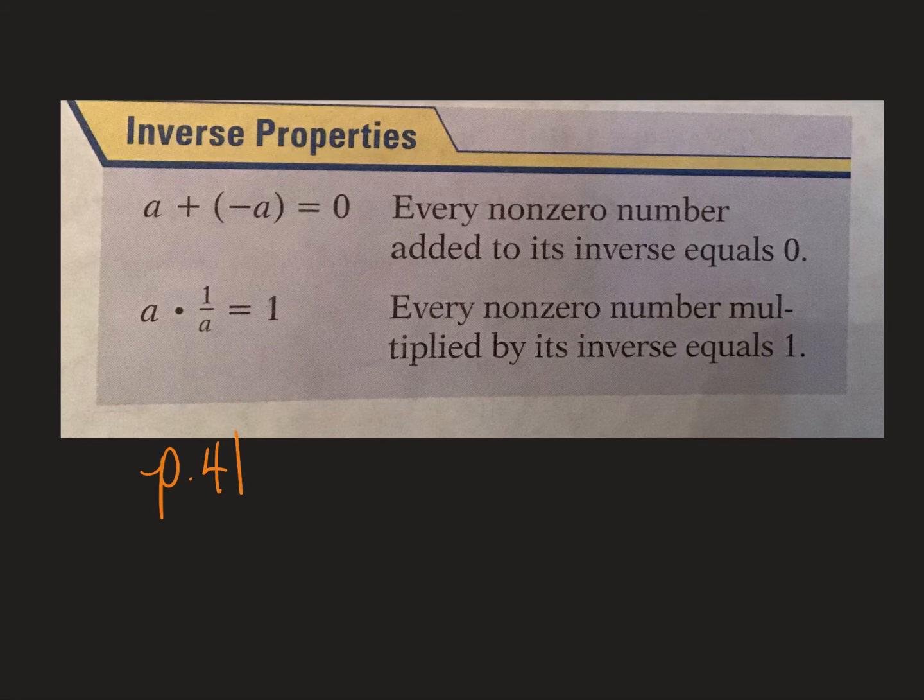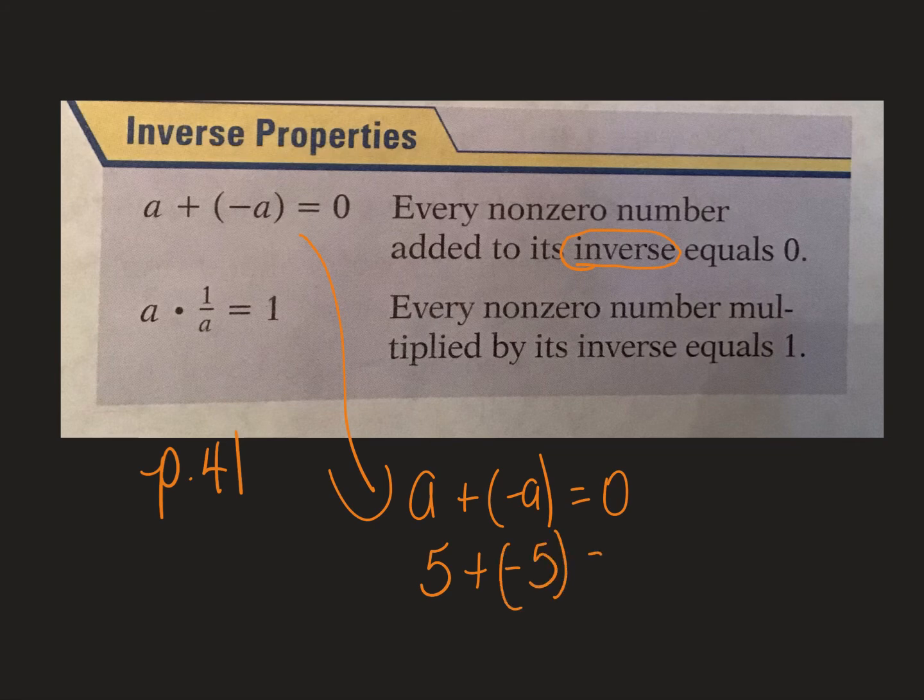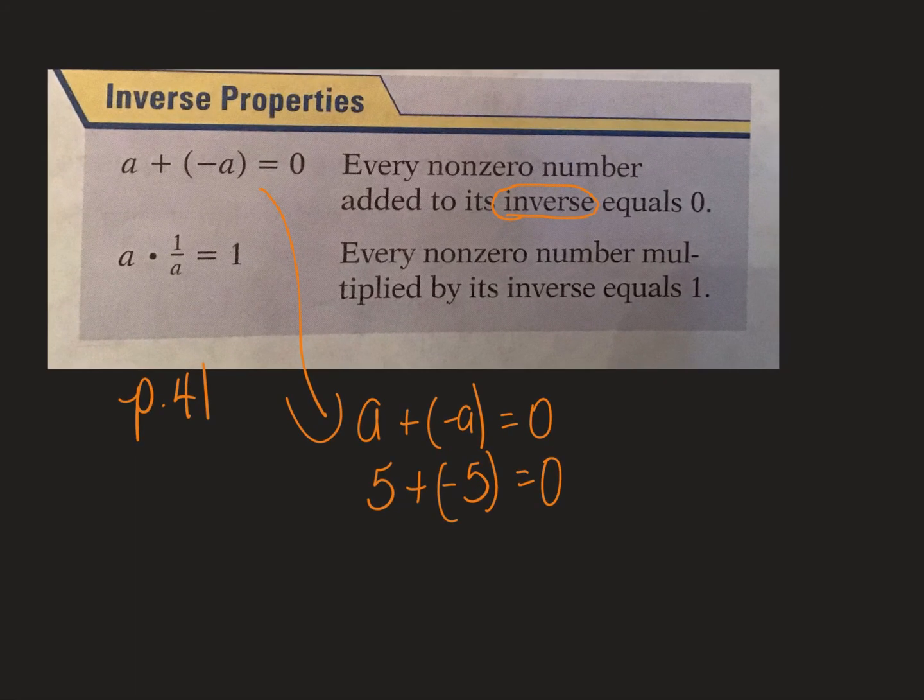The inverse is a good way to put it, because you're adding the opposite and that gives you 0 when you're doing addition. So in this rule, you have A plus a negative A, of course we know that equals 0. You have 5 plus a negative 5, that's going to equal 0. So that's the inverse property for addition.